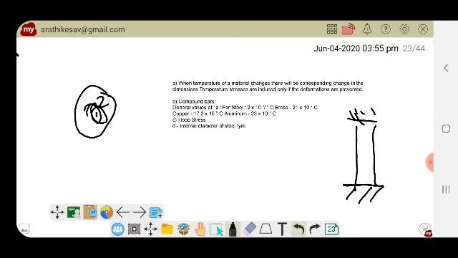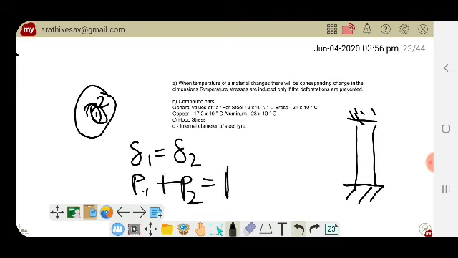In compound bars, we require delta 1 to be equal to delta 2, and the force experienced is actually distributed over both the bars, that is P1 plus P2 is the total, and we have stresses as sigma 1 and sigma 2.